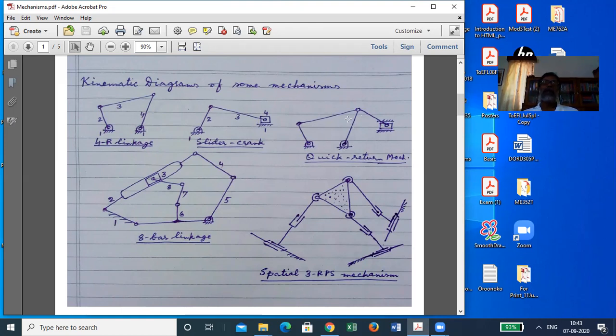Think of this mechanism, count the links and pairs, and make a note in your notebook. Later we will talk about it. Okay, so 1 minute break. Break for me, not for you. Okay, you think up and find out the number of links and pairs. In the later part of the lecture, we will discuss that.